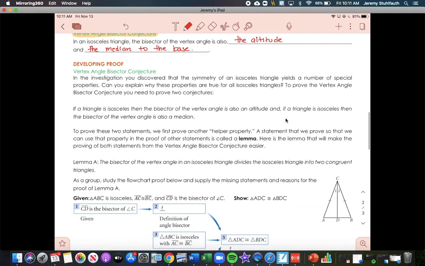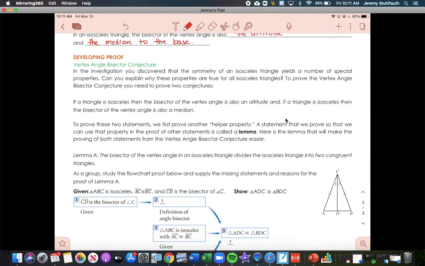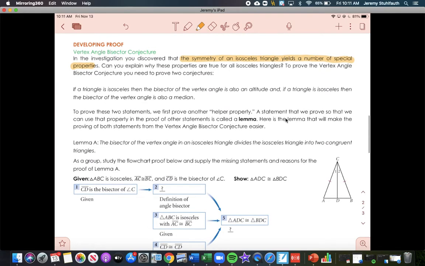What we're going to do is walk through how to prove this conjecture. In the investigation, we discovered that the symmetry of an isosceles triangle yields a number of special properties. In order to prove this, we need to prove two conjectures.